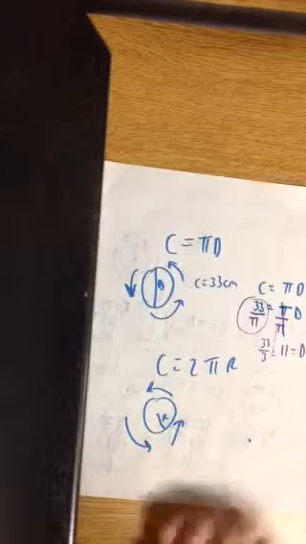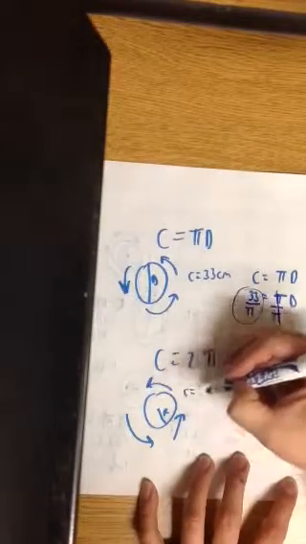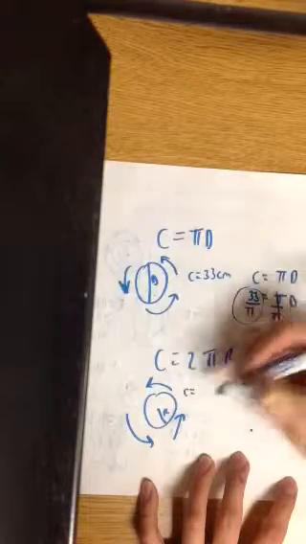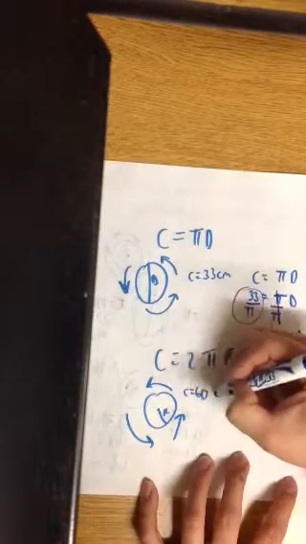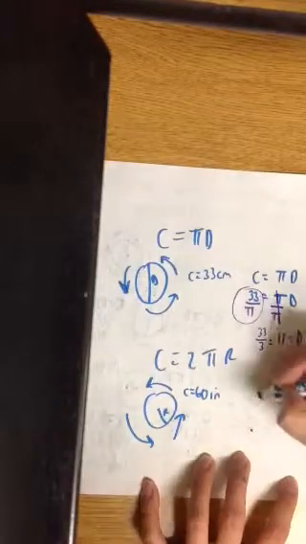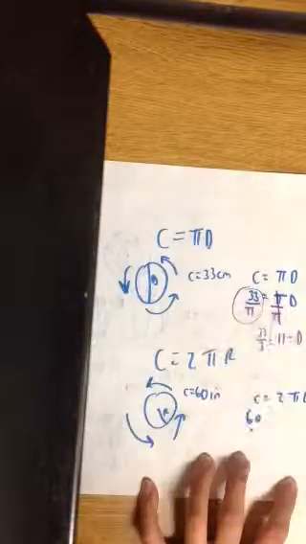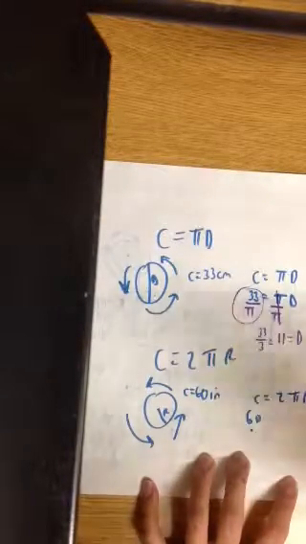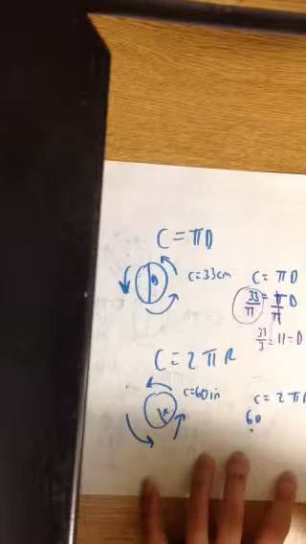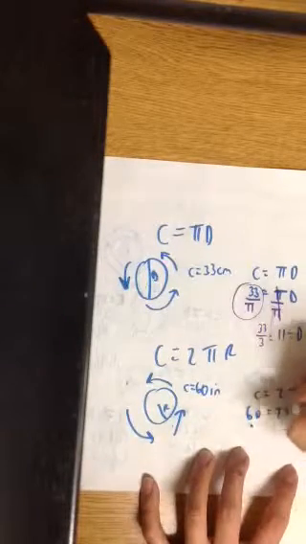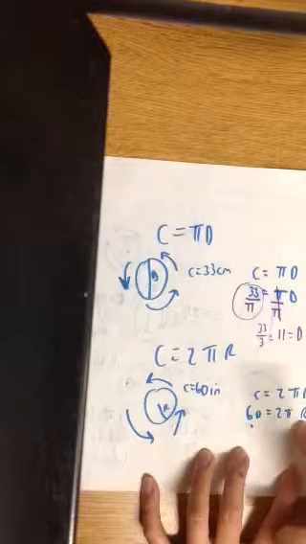Let's do a radius. Let's imagine the circumference around this is, let's say, 60 inches. So C equals 2 pi r. We know the circumference is 60, the distance around. Isn't the circumference 6 radii? I think it is. So we want to find the radius.